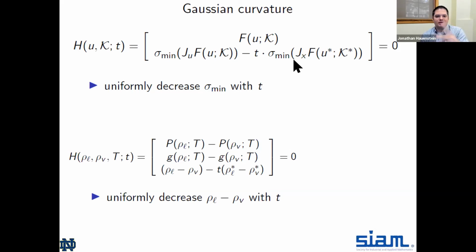You use those left and right singular vectors to actually do this homotopy. So you need a way to describe what it means to be a singular value, and you use the left and right singular vectors to do this, and that gives you a way to differentiate the minimum singular value, by studying how the left and right singular vectors change.